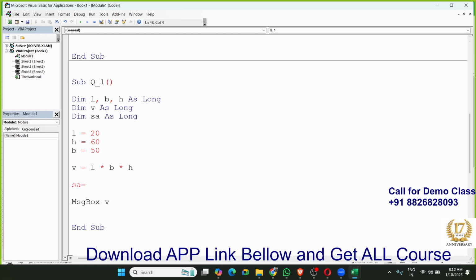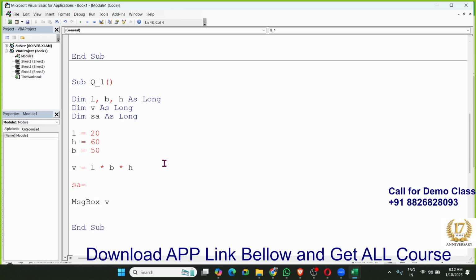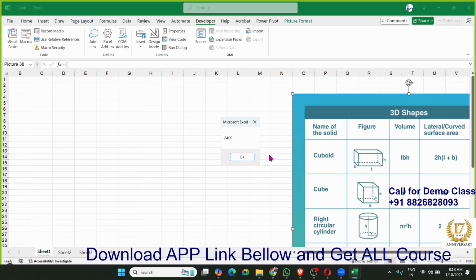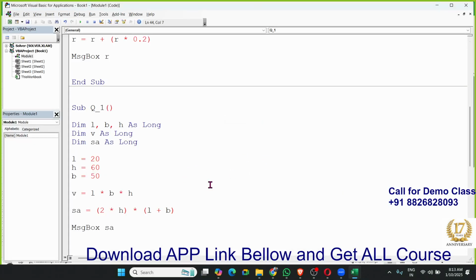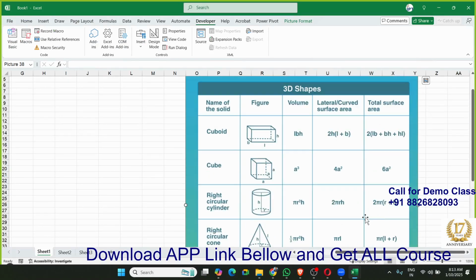SA equals 2 multiplied by H, in brackets, plus, and also multiply again the bracket L plus B. So L plus B. You can also show SA and check the result. You have calculated all the equations like that.